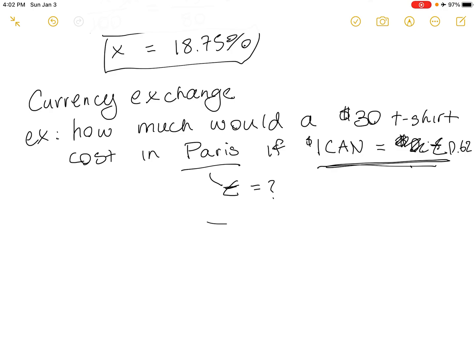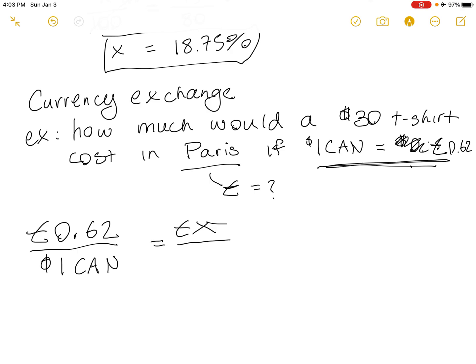The unknown in this case is the euros. So the equation is 0.62 euros over $1 Canadian equals X euros, that's what I'm looking for, over $30 Canadian.